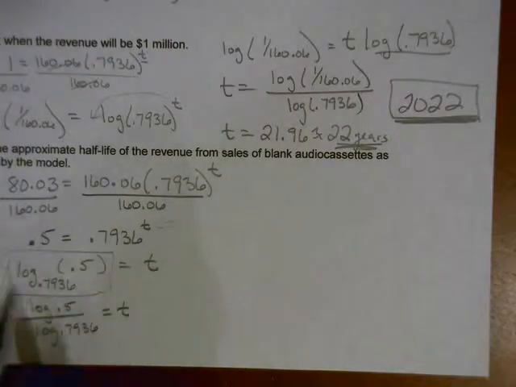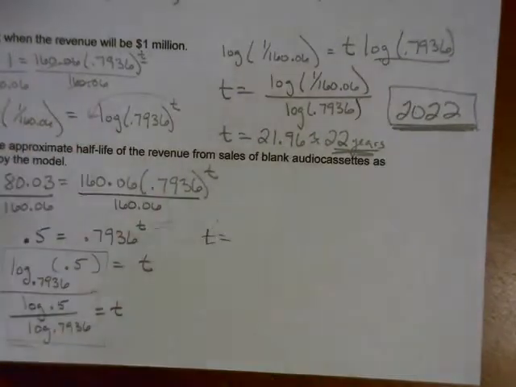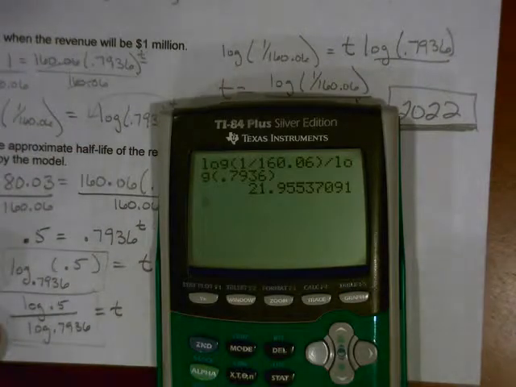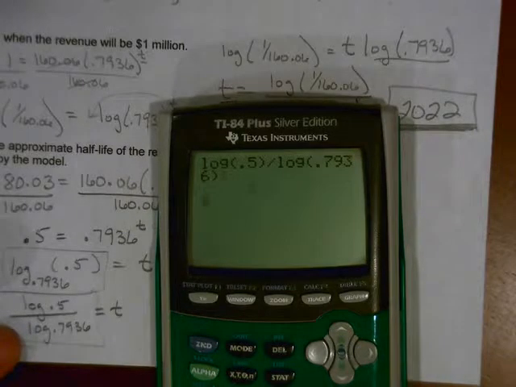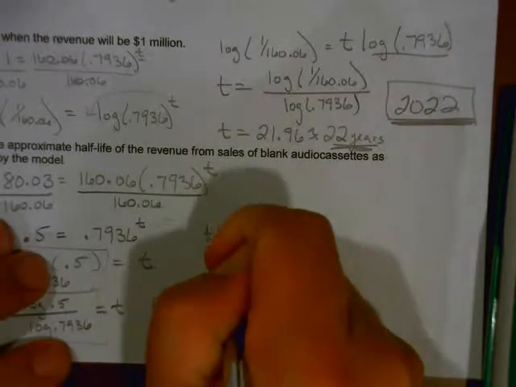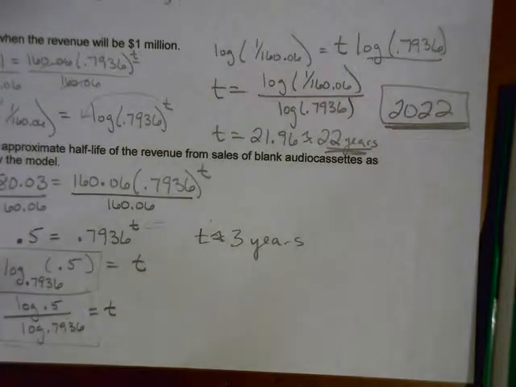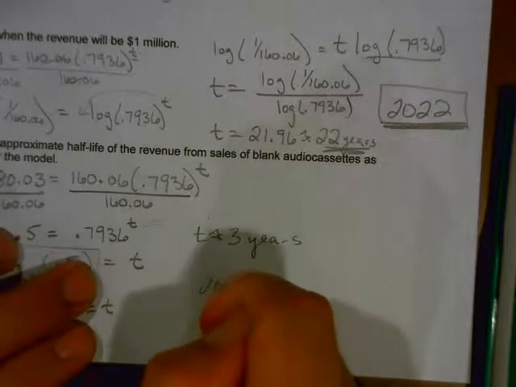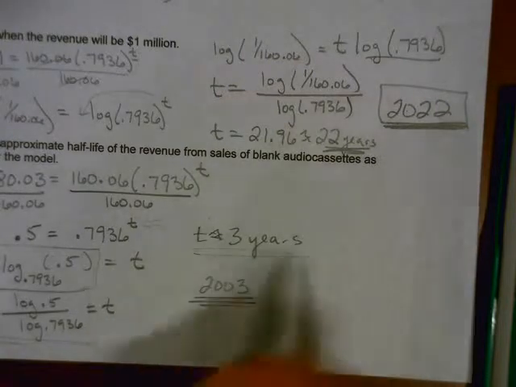Now again, you could use your calculator here. t equals log 0.5, close your parentheses, divided by log 0.7936, and we get roughly 2.998, or approximately 3 years after our start, which is going to be 2003. That will be your half-life, or 3 years.